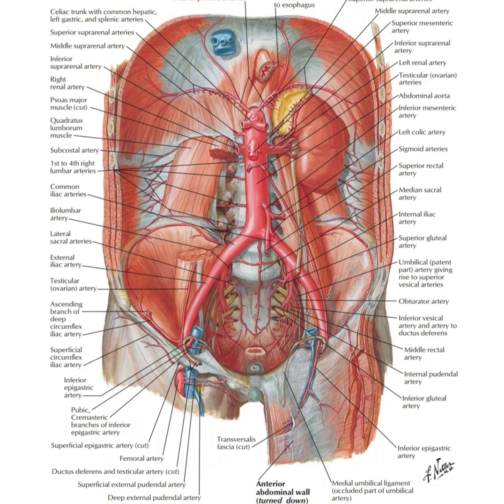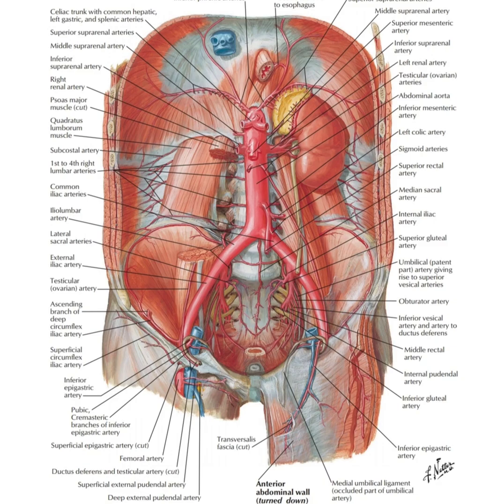There are some paired branches and some unpaired branches. At the level of T12, just after piercing the diaphragm, it gives two branches, the inferior phrenic arteries. These arteries supply the diaphragm muscle.